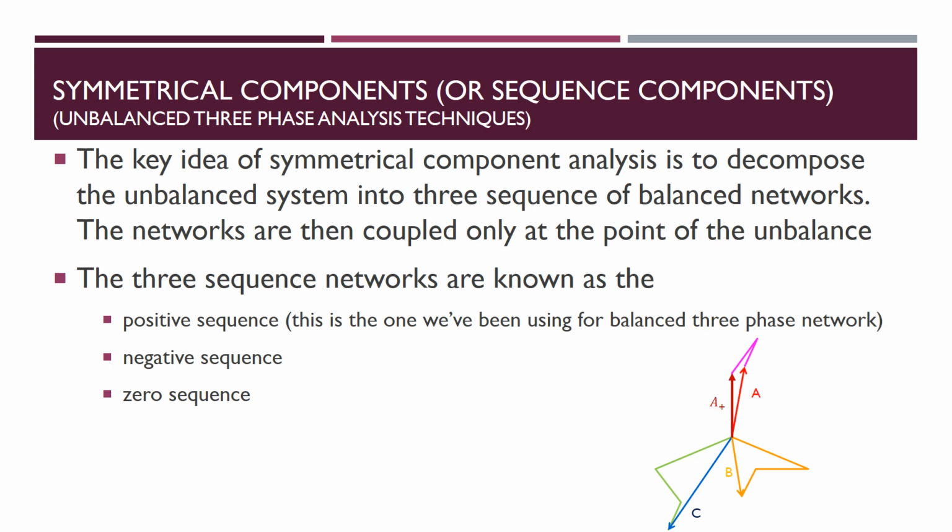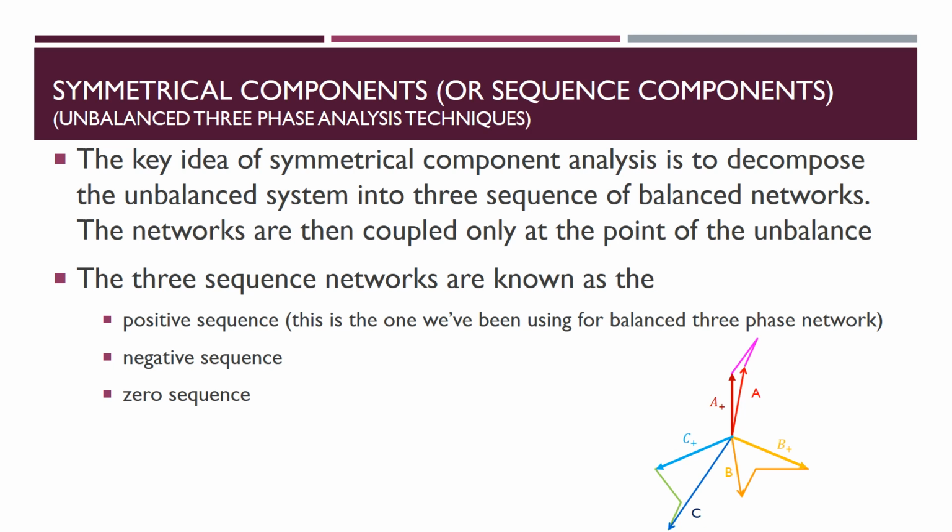You see, these are the ABC voltages. A plus is in this way and B plus will be in this way, placed 120 degrees from A plus, and C plus is here. Then the sequence is ABC for clockwise rotation, right?